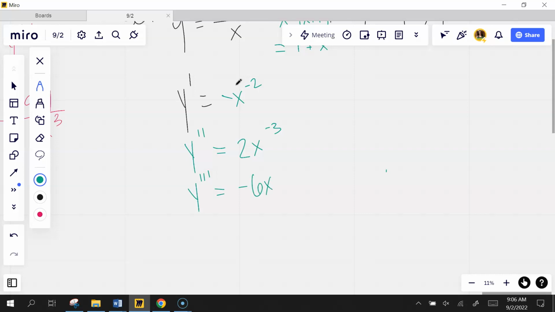X to the what? How about the fourth derivative? Exactly right. Could you imagine if we'd done product or quotient all the way down 4 times? Holy cow. All right, what you think?